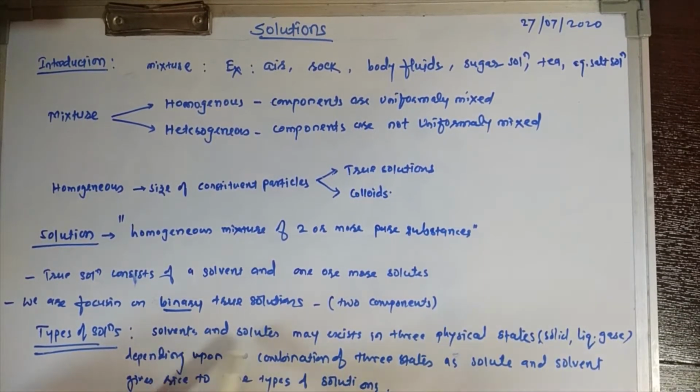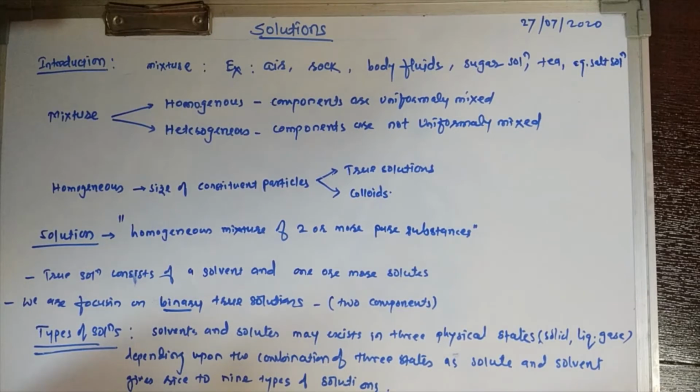See here, solvent and solute may exist in three physical states, that is solid, liquid and gases. The components of the solution may exist in three physical states: solid, liquid, gases. Depending upon these three states of the solute and the solvent, the combination of three states as solute and solvent gives rise to 9 types of solutions.